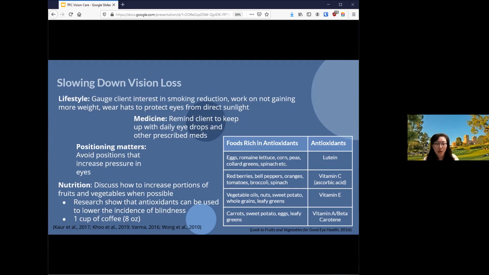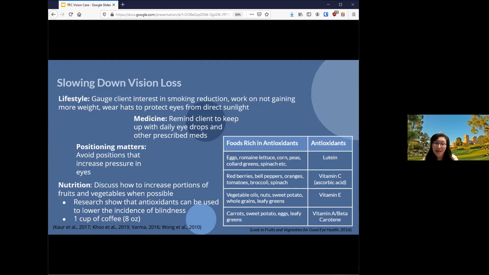Recent research has reported that these eye diseases can be slowed down with the consumption of foods high in antioxidants. So this would include eating larger portions of fruit and vegetables when possible. Caffeine is an antioxidant, and research shows that drinking just 1 cup of coffee a day over time can lower the incidence of glaucoma.